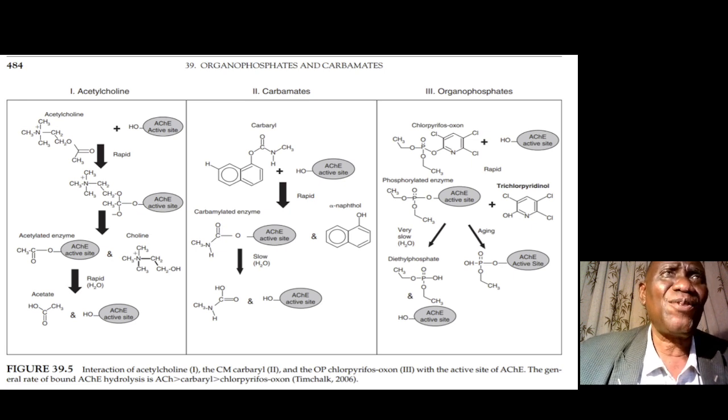With the organophosphates, the last column, the combination is almost permanent, and you are going to have excessive acetylcholine.